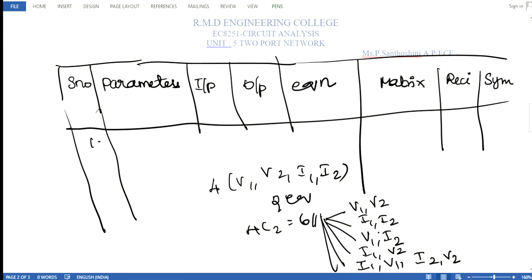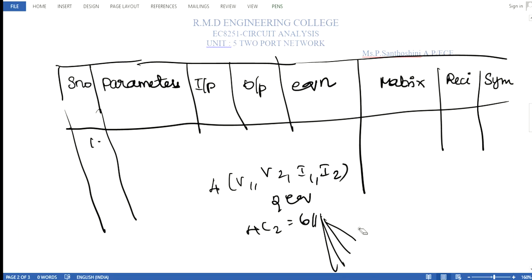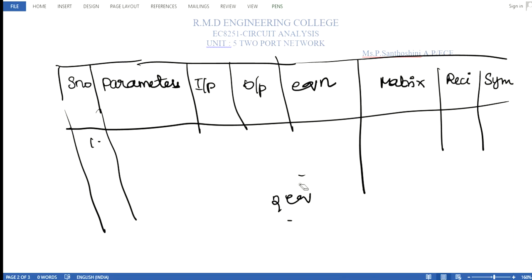Each combination will be one parameter set. For example, the first one.